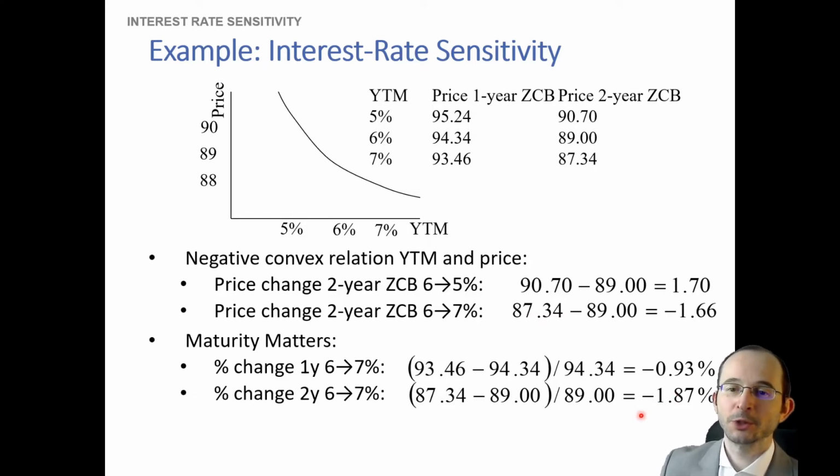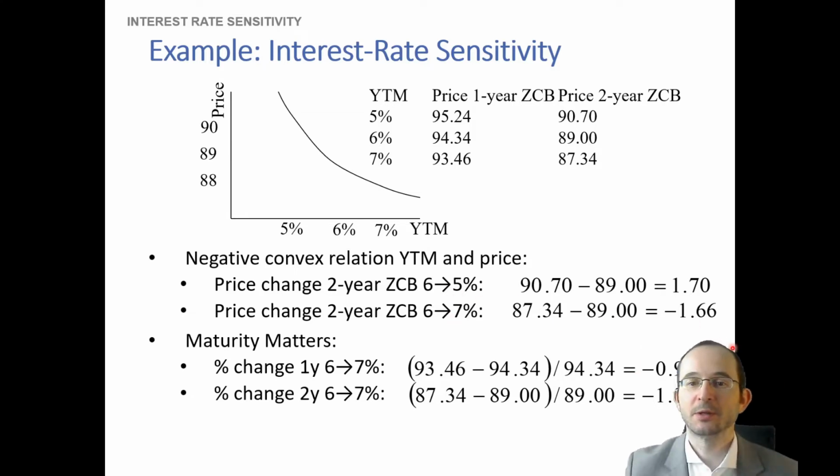So longer maturity bonds, whether they're zero coupon or coupon bearing, are more affected by changes in the interest rate than shorter term bonds. And these interest rate changes are convex, so bond prices will change more if interest rates fall than if interest rates rise.